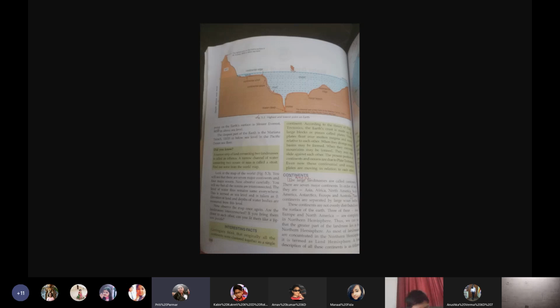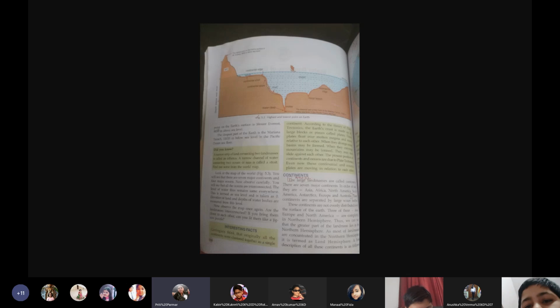When they converge, mountains may be formed. They may also slide against each other. The present position of continents and oceans is due to tectonics. Even now, these continents and oceanic plates are moving in relation to each other.